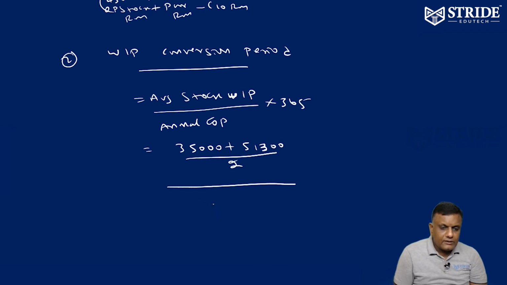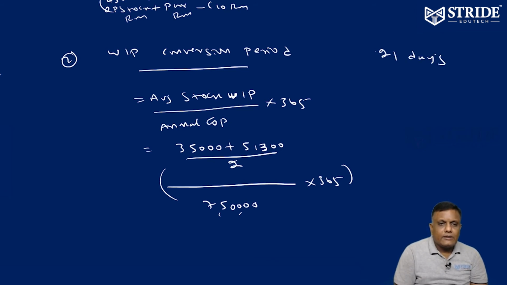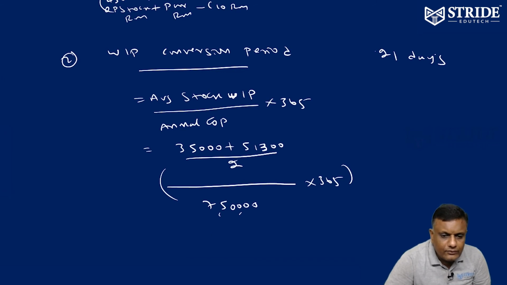Annual cost of production is 7.5 lakhs, into 365. You will be getting an answer of 21 days. WIP conversion period is 21 days.